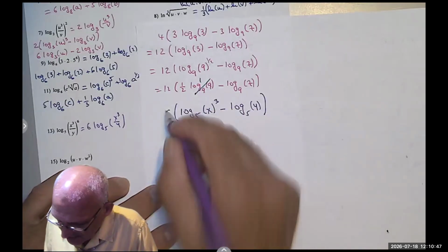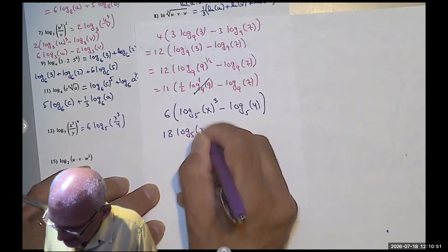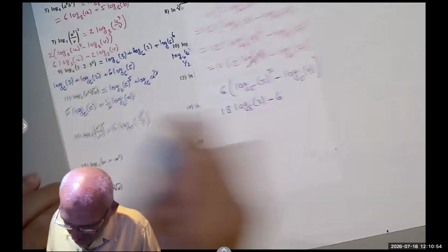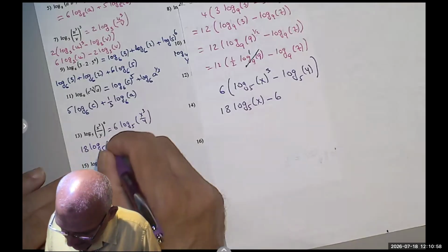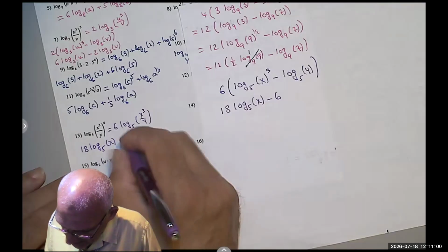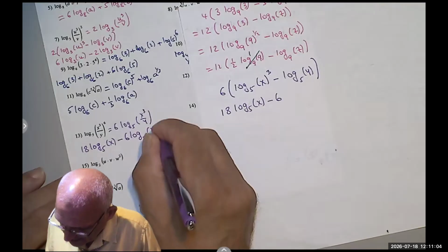The 3 becomes a multiplier, so you get 18 log to the base 5 of x minus 6 log to the base 5 of y.